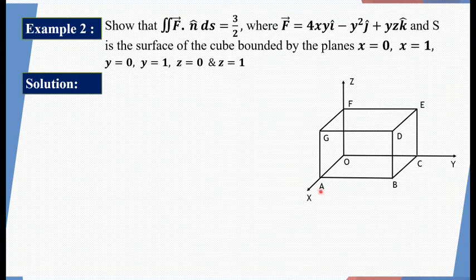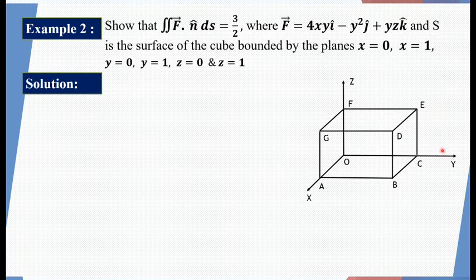Now the coordinates for this A point are 1 0 0, for this C point are 0 1 0, and for this F point are 0 0 1. This B point lies in the XY plane, so the point is 1 1 0.